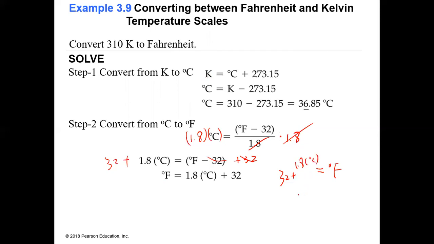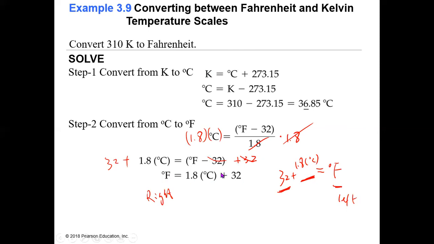You can write this on the left side or on the right side, and which of the two numbers you write first doesn't matter. So in our final answer, we put the Fahrenheit on the left side, then write 1.8 times Celsius first, and then 32, but it doesn't matter.